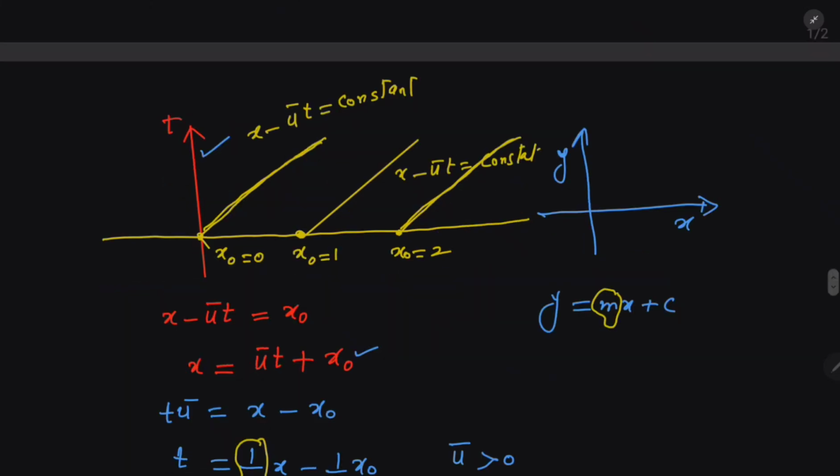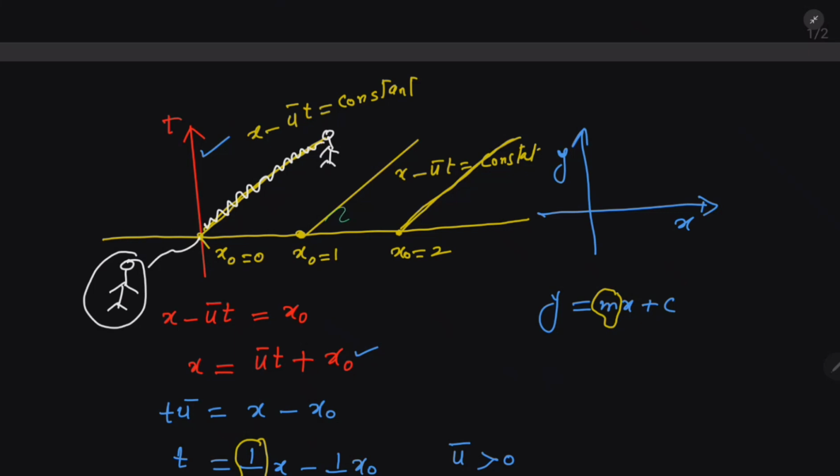What is the meaning of that? If we have this characteristic, if someone is sitting over here and he or she speaks, then the person on this characteristic will only listen to whatever this person is saying. So the whole information is traveling on these characteristics.